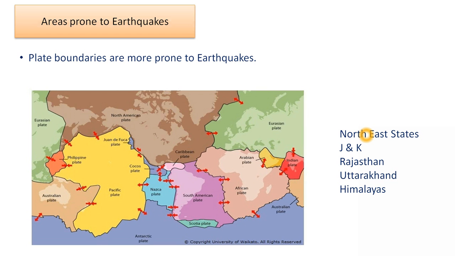In fact, if you look at the location of countries like Nepal, their location is such that they are very close to plate boundaries. That is why the chances of earthquake in those areas are more. So now we have an idea about which areas are more prone to earthquakes.